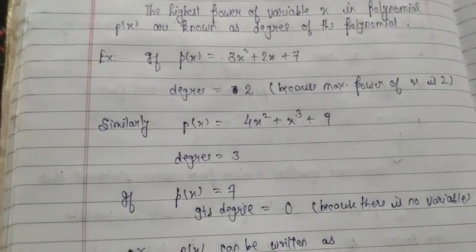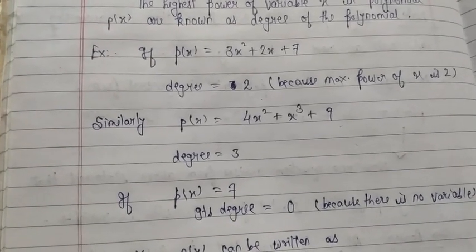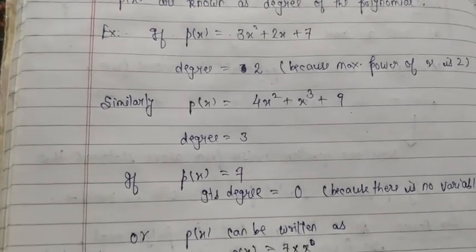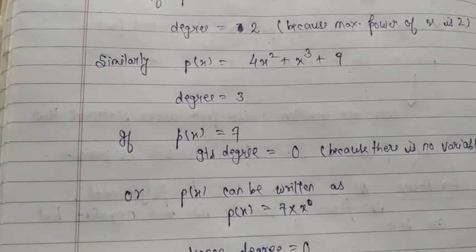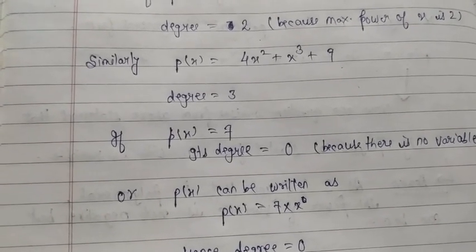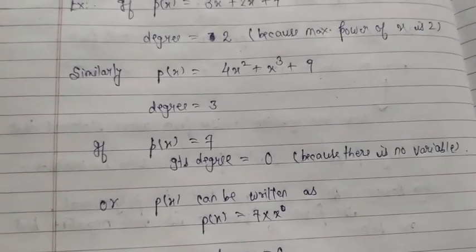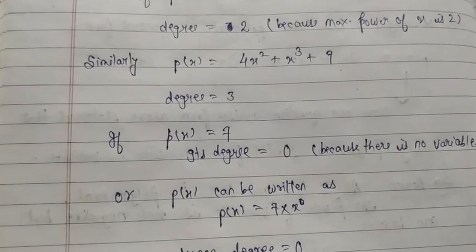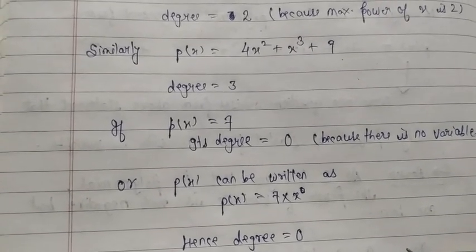Now see another polynomial, that is p(x) equal to 7. Now most of the students will see there is no variable, so how can it be a polynomial? It is a polynomial. How? I will explain later. See here, p(x) can also be written as 7 into x to the power 0, and the value of x to the power 0, I have already told you, is that if a number has power 0, its value is equal to 1.